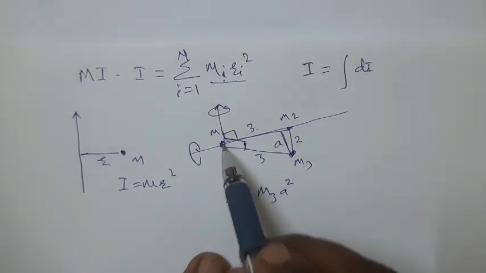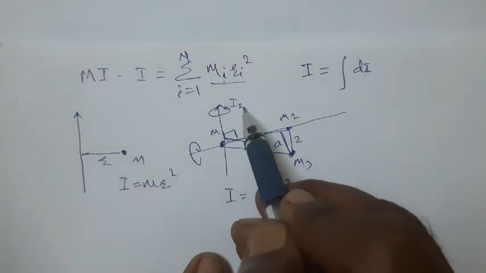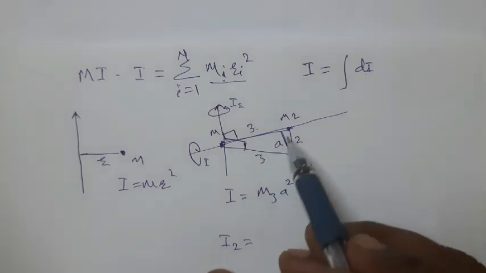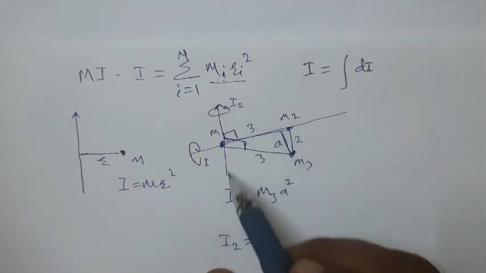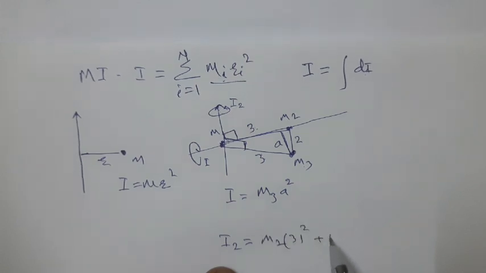The reason is that the distance is 0. But then about this axis, if it is I2, then I can write I2, the moment of inertia of this system about this axis, is equal to, see, m2 into 3 square plus m3 into 3 square.